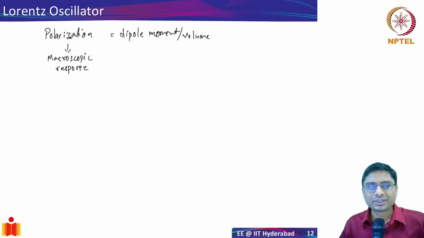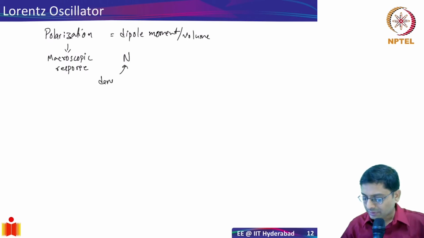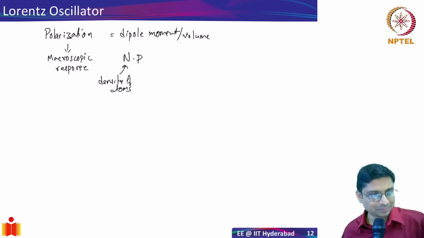What is dipole moment per unit volume? Let's say there's a density of atoms, n. So let me say I have n, which is the density of atoms, and then times the dipole moment will give me dipole moment per unit volume.